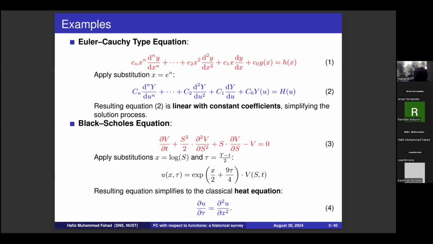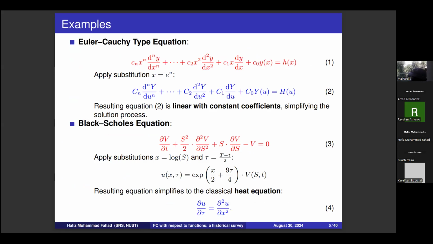So regarding motivation, now let's discuss two classical examples that demonstrate the power of substitution and changing independent variables in simplifying differential equations. Here, the first example is the Euler-Cauchy type equation. This equation can be quite challenging to solve in its original form due to the variable coefficients.